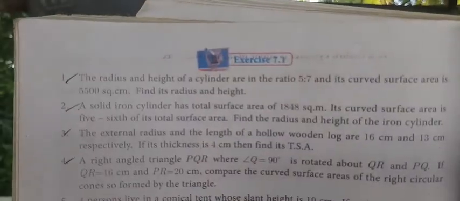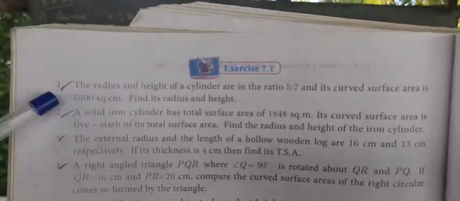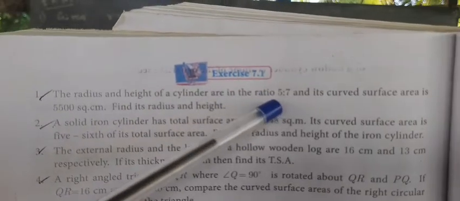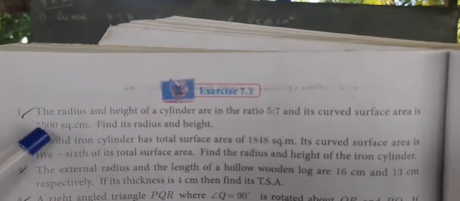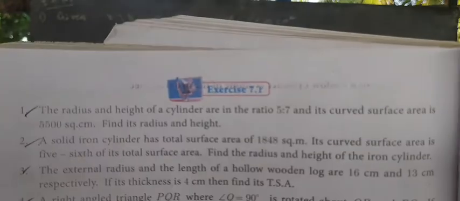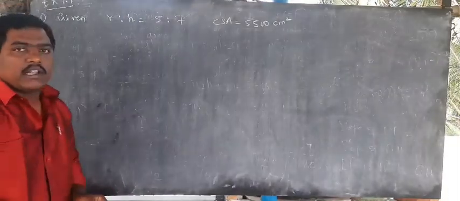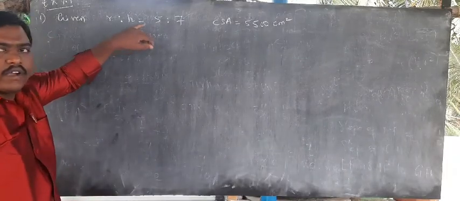We need to memorize these two formulas. Then listen, exercise 7.1, sum number 1. The radius and height of a cylinder are in the ratio 5:7 and its curved surface area is 5500 square centimeter. Find its radius and height. So they have given the ratio of the radius and height, r is to h equal to 5:7.